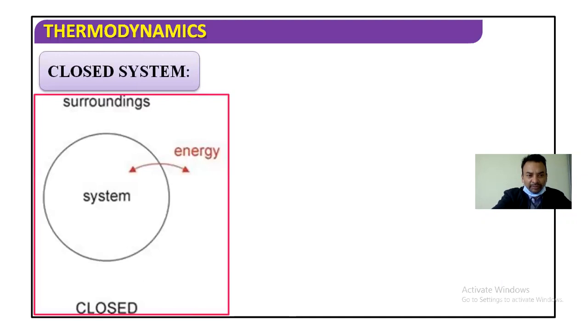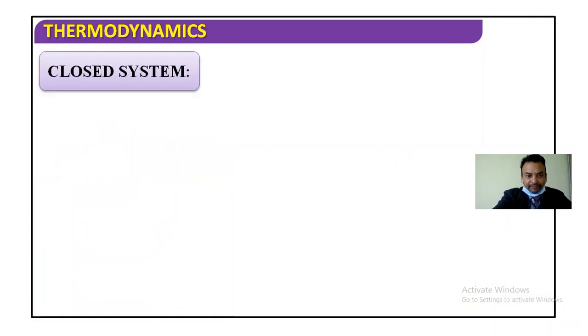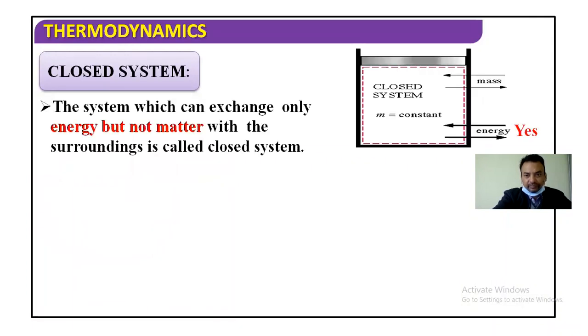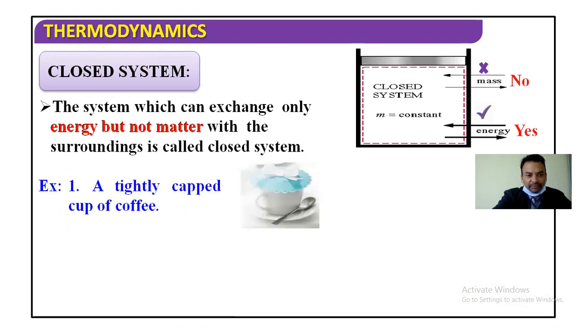In the closed system, only energy can be exchanged between the system and the surrounding, but there is no exchange of mass. So a cup of tea having something over it becomes a closed system.